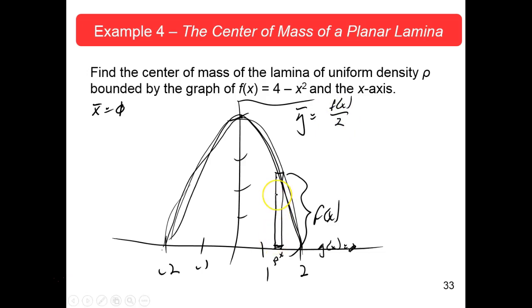That's the distance up here, times the length, which is f of x, times your dx, which is your width. So you're integrating this 0 to 4, I'm sorry, 0 to 2. Remember what we said, let's go negative 2 to 2, because you're doing dx's here. The length of this is f of x, and the position of it is f of x over 2.